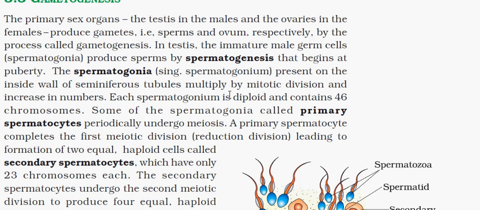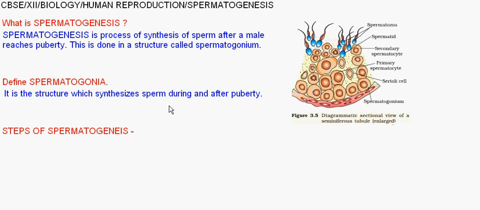It produces gametes. So we can say spermatogonia are present inside the testis. Now coming to the next point, that is steps of spermatogenesis. We can easily write down the steps like this.